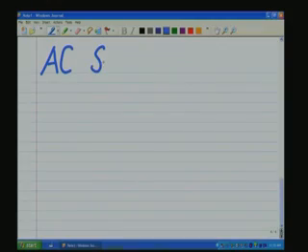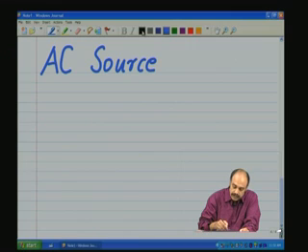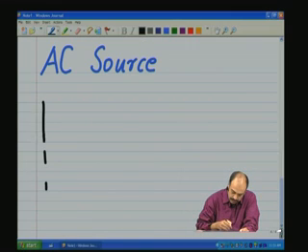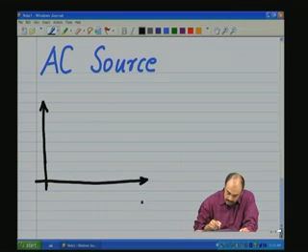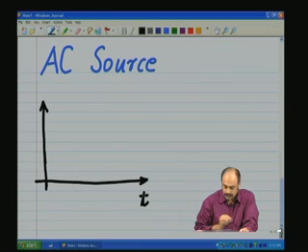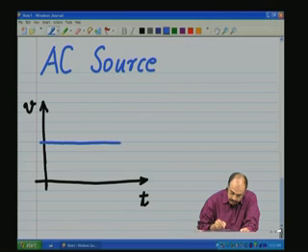The AC source or the alternating current source. In the case of a DC source, if we look at the waveform of, let us say, a voltage source with respect to time t, you will see that it is a constant.